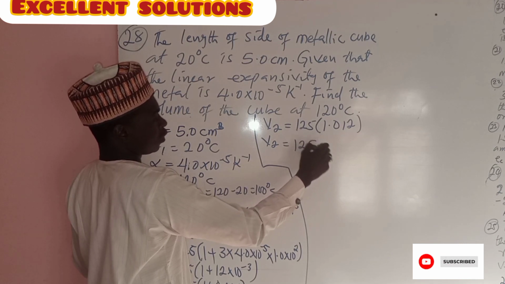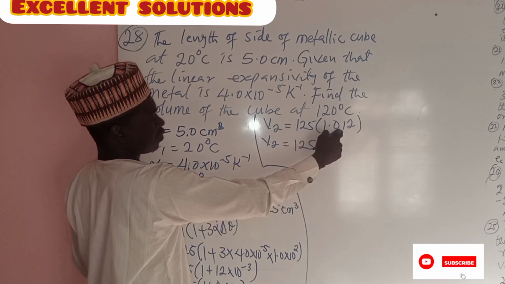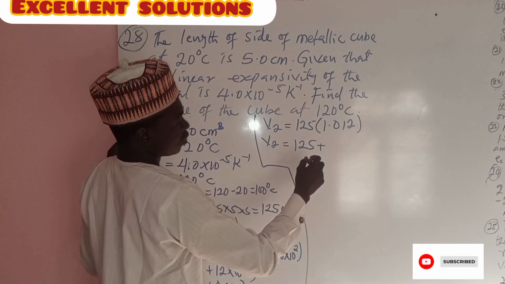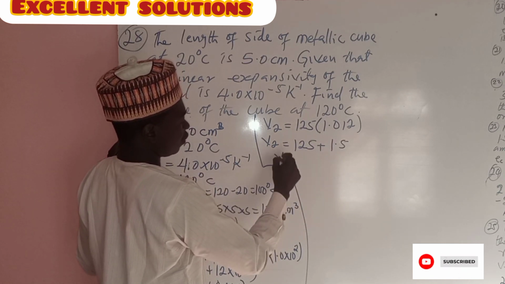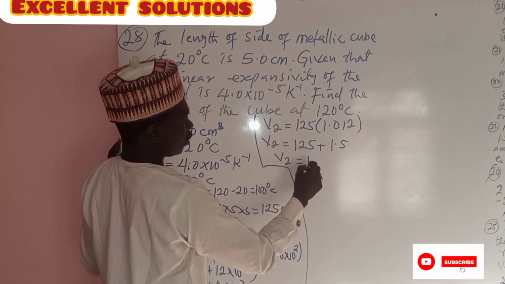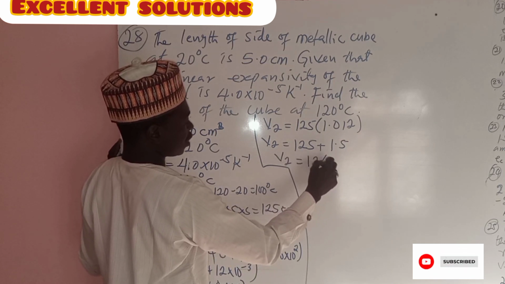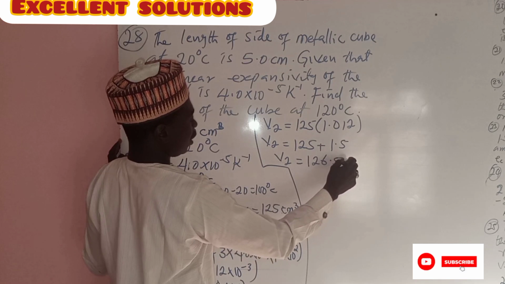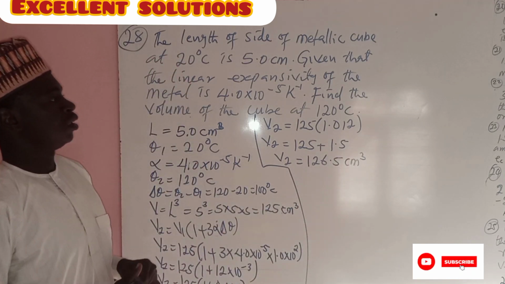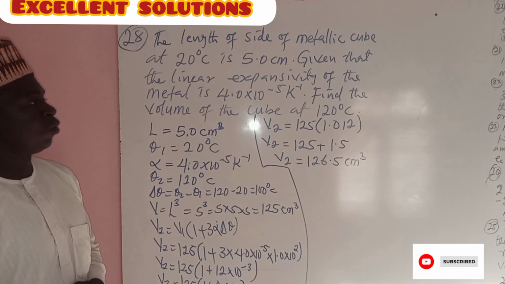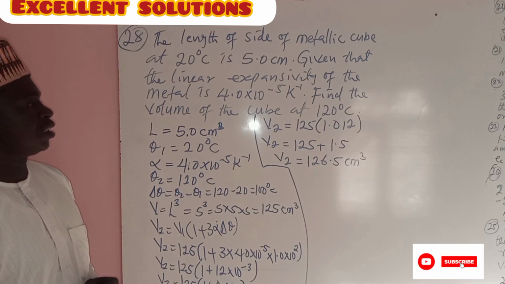Then we can say plus 125 times 0.012 is the same as 1.5. So if we add this one, we have V2 equals 126.5 centimeter cube. If we look at our options, in option A, we have 126.5 centimeter cube.